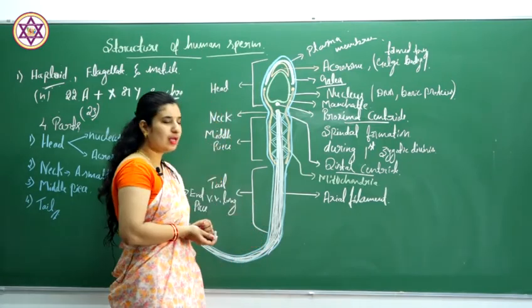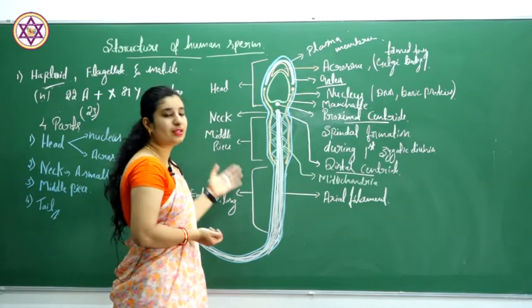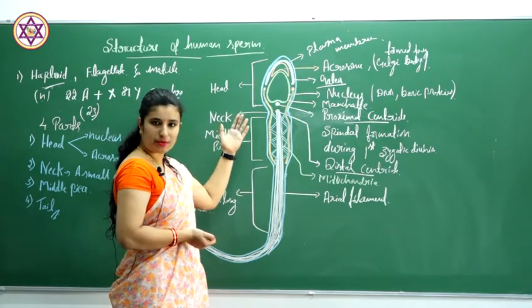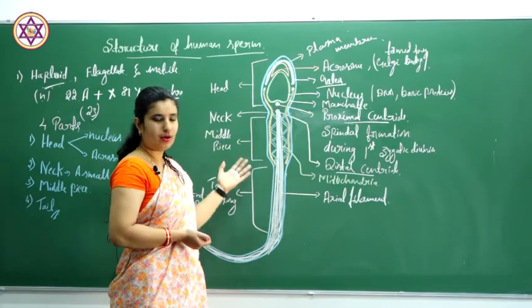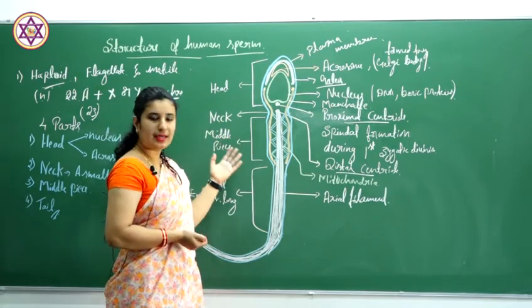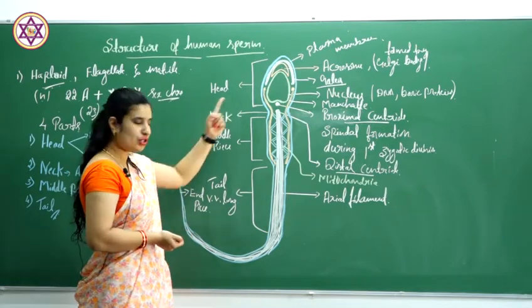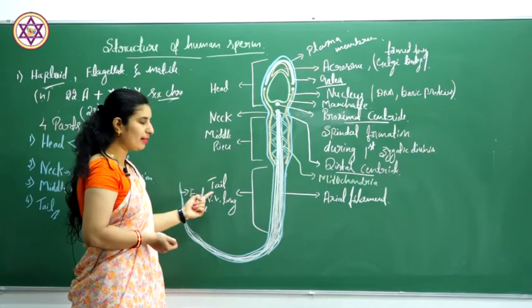So this is about the structure of mature sperm. As I told you before, a mature sperm contains 4 important parts: the head region, neck region, middle piece and the tail region.